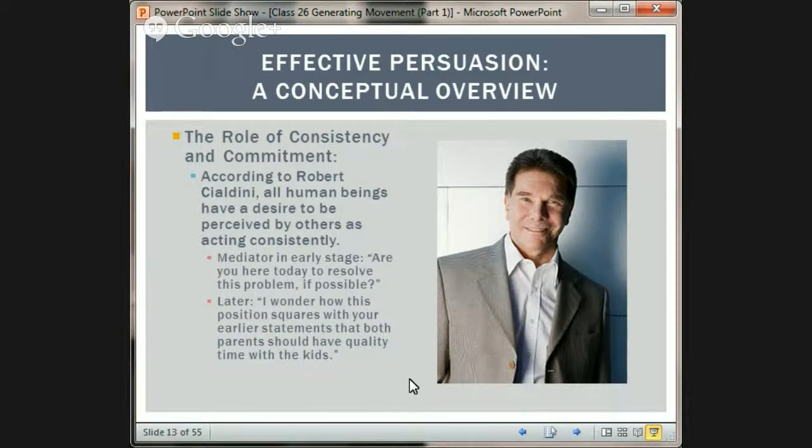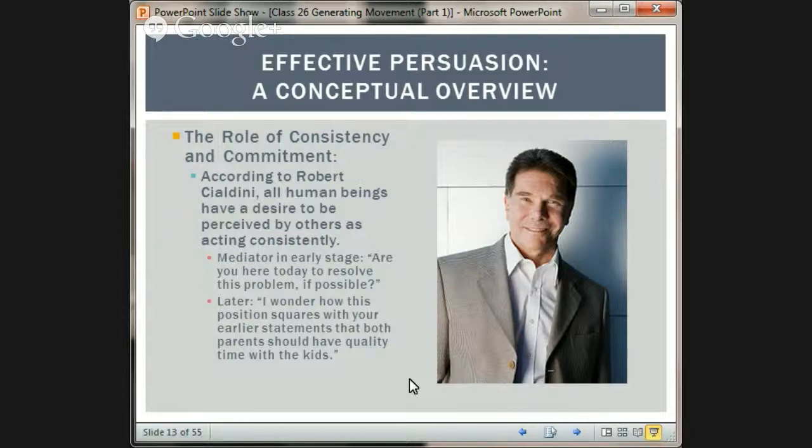Consistency and commitment. I don't know if you're familiar with the writings of Robert Cialdini, a very well-respected academic psychologist, as I understand. According to him, all human beings have a desire to be perceived by others as acting consistently.